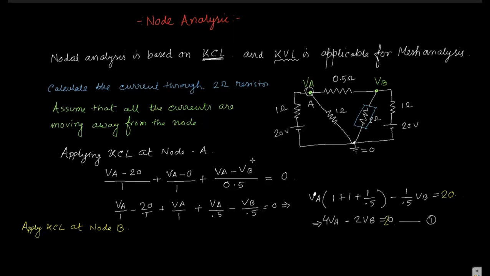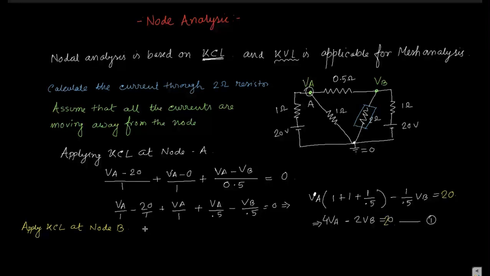Keep one thing in mind: if you consider node A, then the voltage at that node is the reference node voltage, and all others are taken as secondary voltages. So VA minus 20, VA minus 0, VA minus VB. Now we are calculating the KCL, applying the KCL across the node VB, where the voltage we can consider as VB.